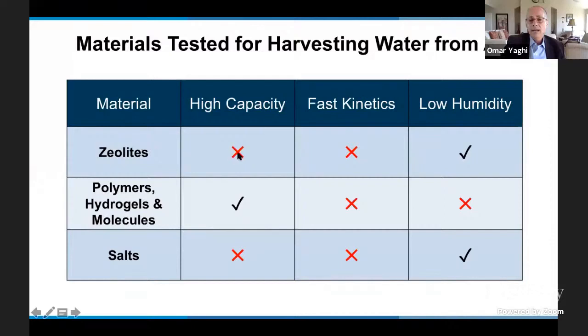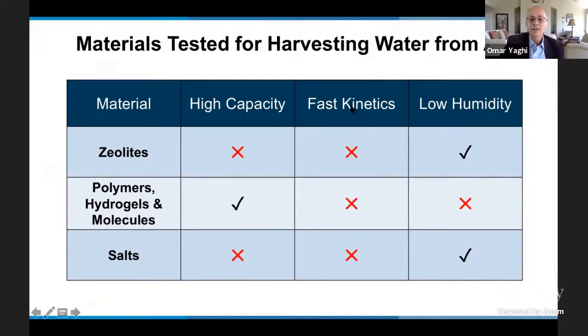And none of them has emerged as a viable solution, because in order to have a good water harvesting material, you need to meet three very important characteristics. One is that the material has to have high capacity. If you're not storing a lot of water, then you have to do many cycles, and that requires energy.